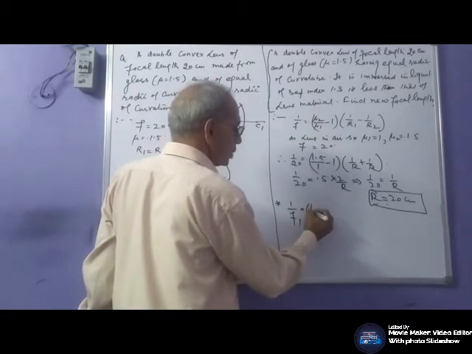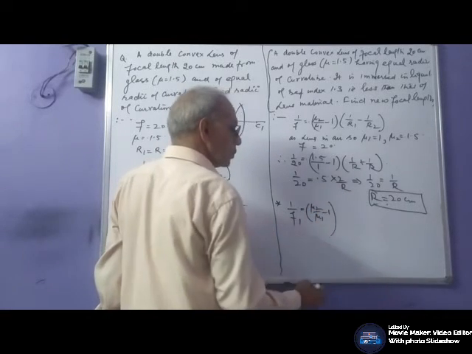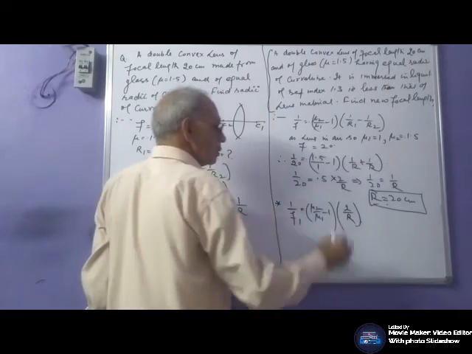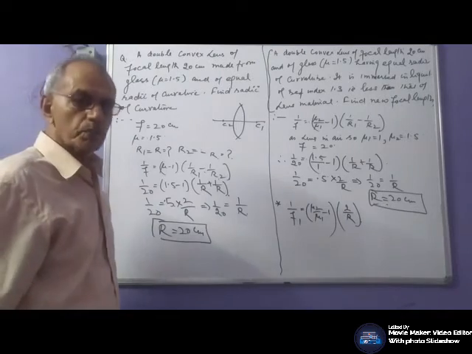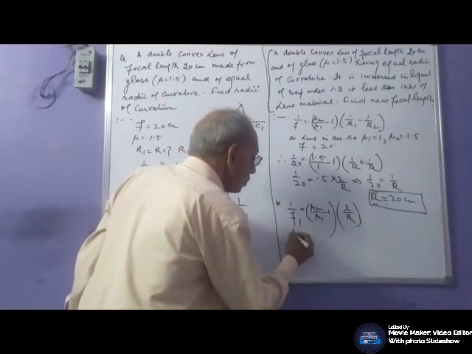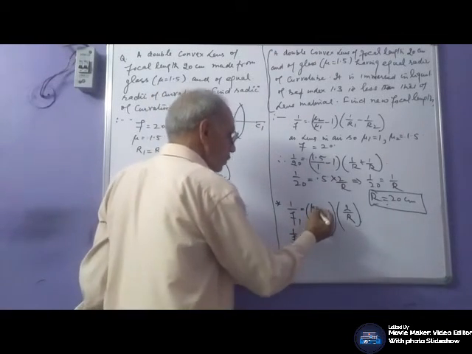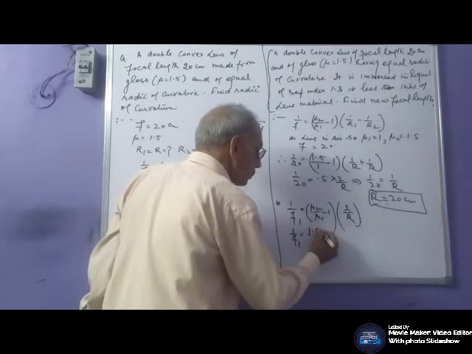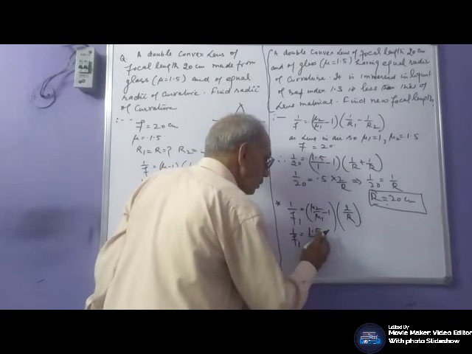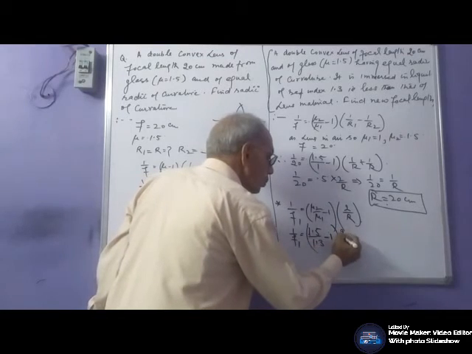Then again mu 2 by mu 1 minus 1, it is the same, it is the same lens. 1 by f1 is (mu 2, it was 1.5, by 1.3 minus 1) into 2 by r.